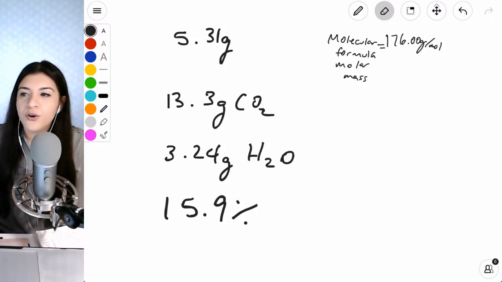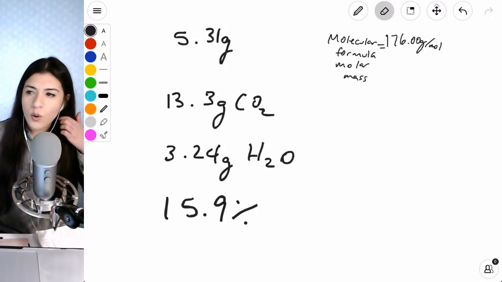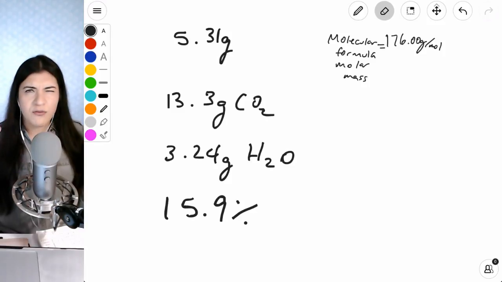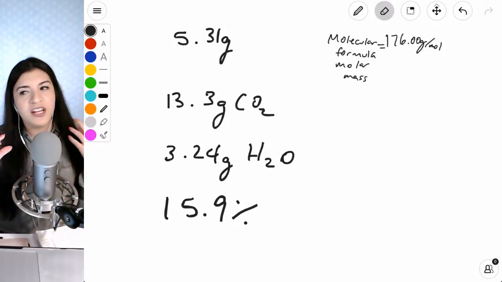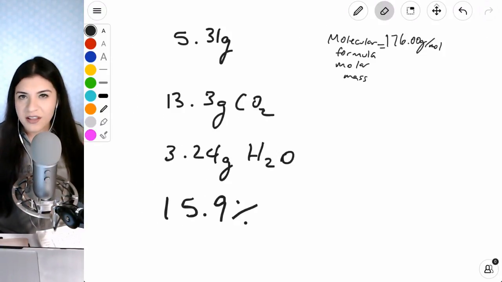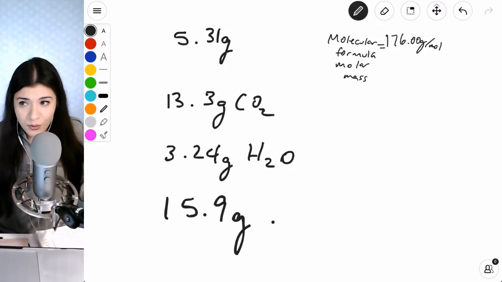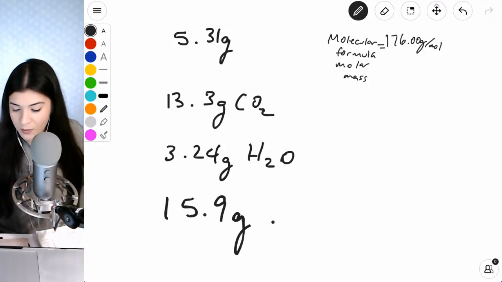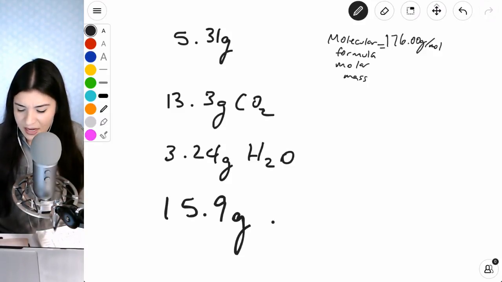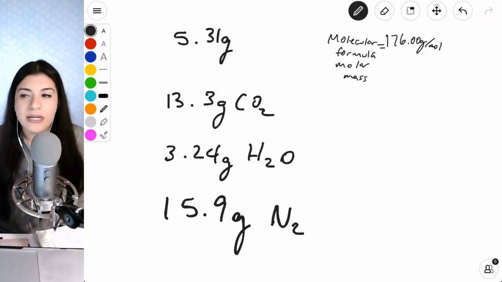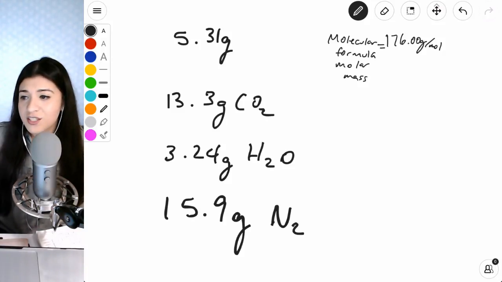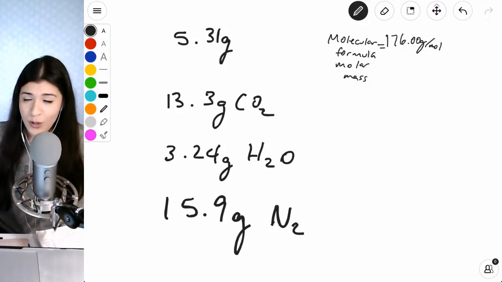I'm going to change that percentage to just grams, by the way. Whenever they tell you that you have this percentage of nitrogen or something like that, you can automatically change it to grams. That's totally fine if it's out of 100%. And this would have been N2, since nitrogen can't exist just on its own. It has to be diatomic, so N2.